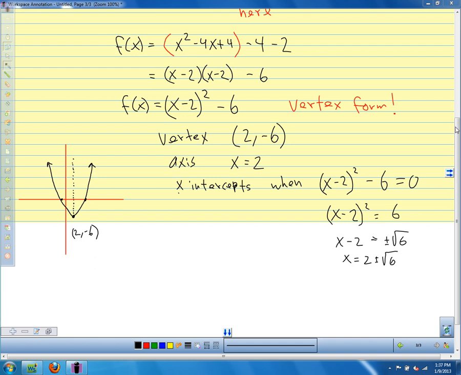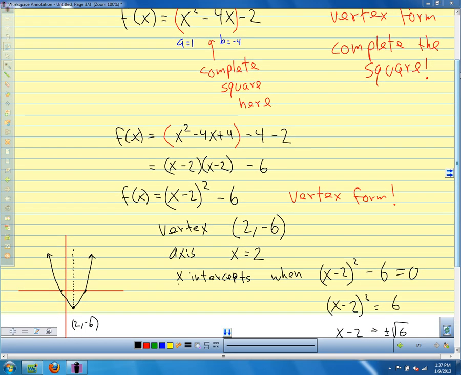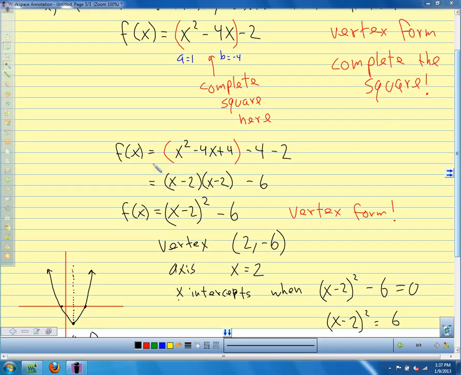So, just to tell you where to be careful, the part that trips up most people when we're working with vertex form is remembering that because I have f of x here, because I have y equals, I don't have a 0. I'm not adding this number to both sides. I add it and subtract it. And that's where most people make their mistakes.